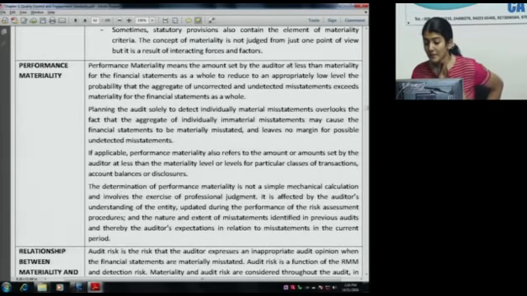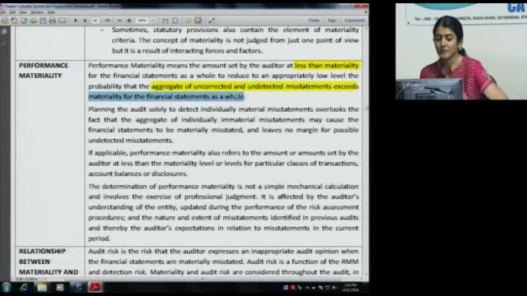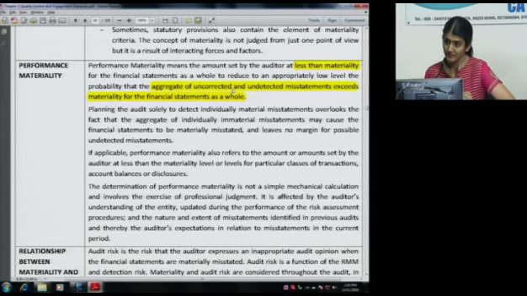An amount set by the auditor at less than materiality for the financial statements to reduce to an appropriately low level the probability that the aggregate of uncorrected and undetected misstatements exceeds materiality for the financial statements as a whole. That is performance materiality.